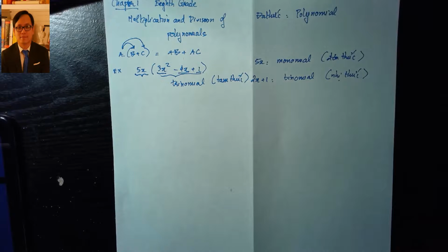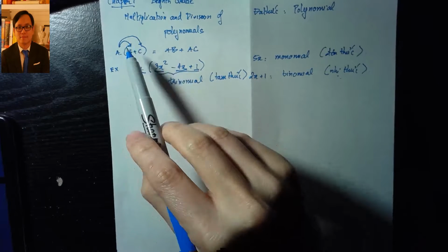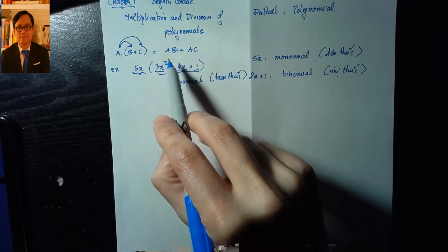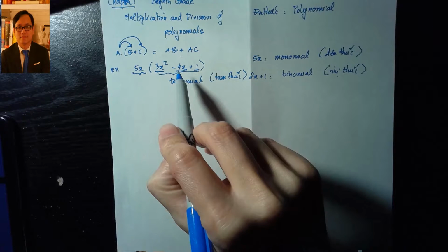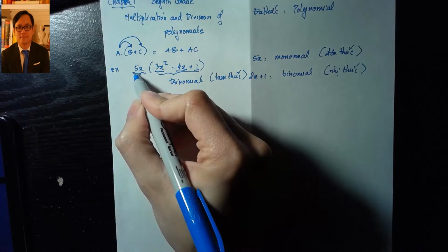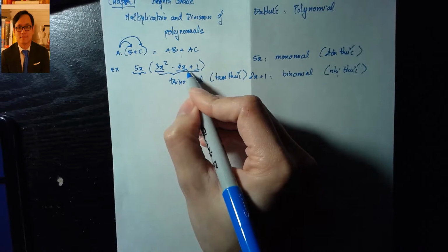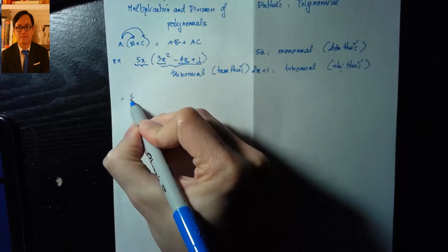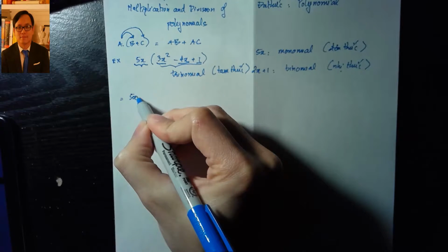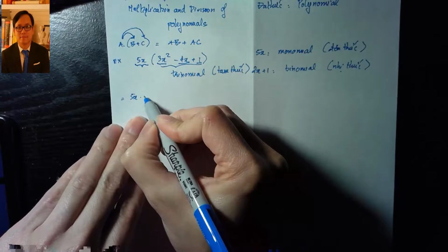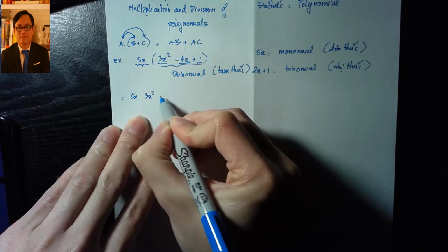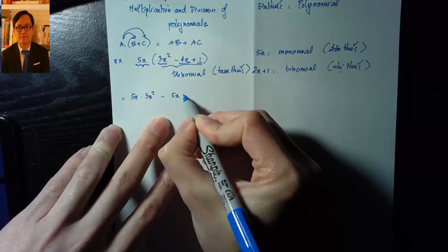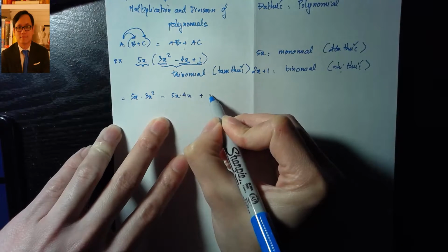Okay. So anyway, in this chapter we learn the distributive property, and we apply this property to the example right here. So 5x times (3x squared minus 4x plus 1) becomes 5x times 3x squared minus 5x times 4x plus 5x times 1, right?